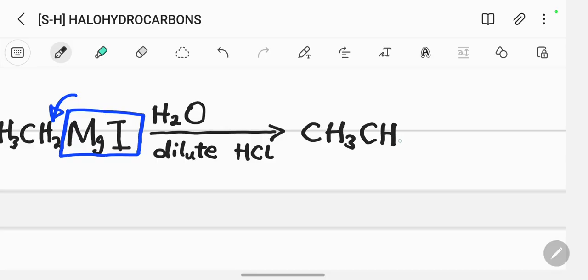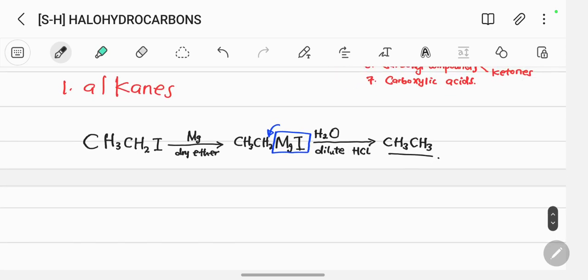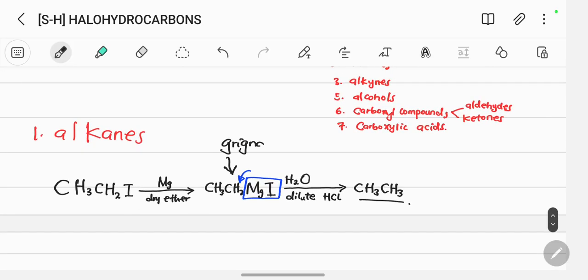What was CH2 is now CH3. So we've prepared ethane from Grignard reagents. So there are very many types of Grignard reagents because these alkyl groups are very many.